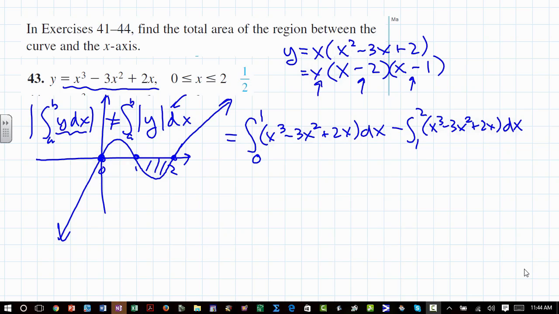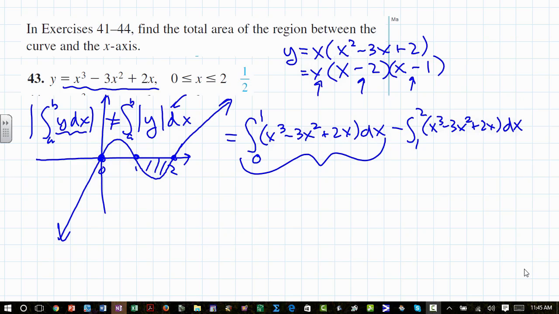Since the area from 0 to 1 looks fairly similar to the area from 1 to 2, it looks similar. Is it the same? Maybe. So your question is essentially, could I just take this and double it?